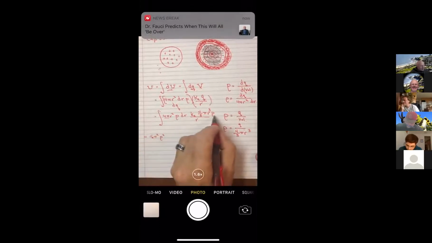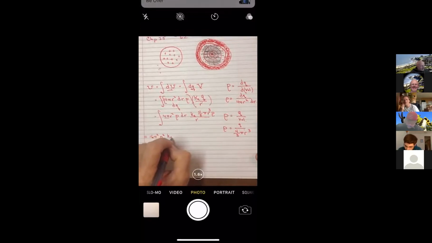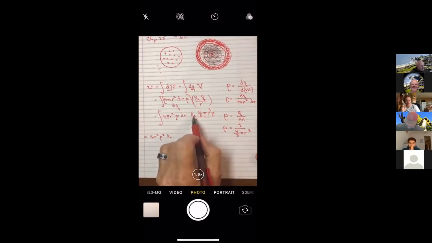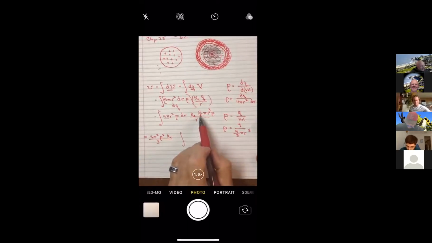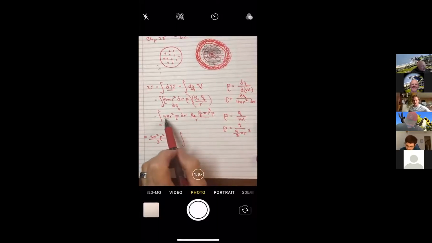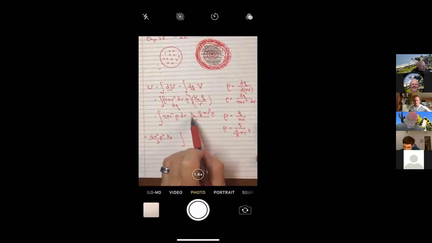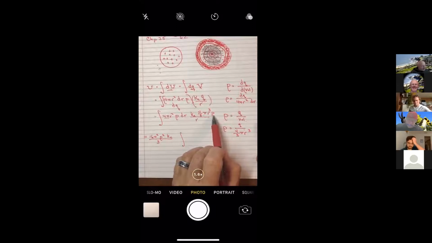This rho and this rho make the rho squared. This is the Coulomb's constant. Looks like there's a 3. And see if I'm missing any constants. I got that 4 pi, I got that rho, I got the Coulomb's constant, I got the 4, I got the 3, I got the pi, I got that rho.